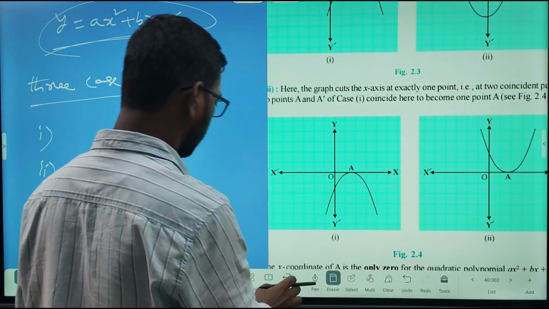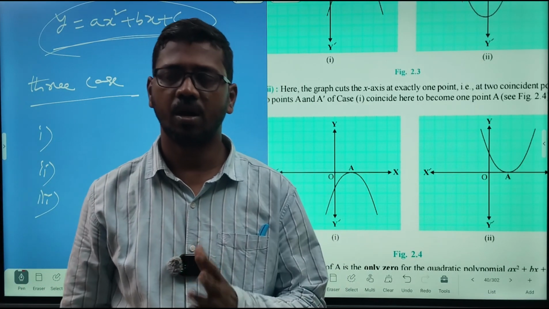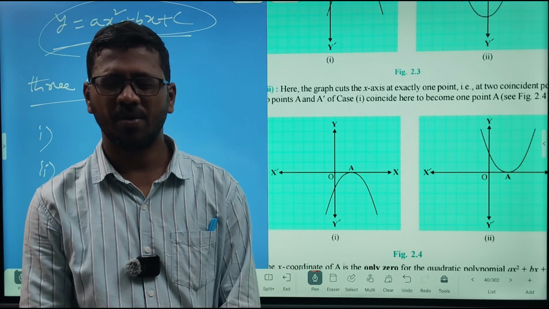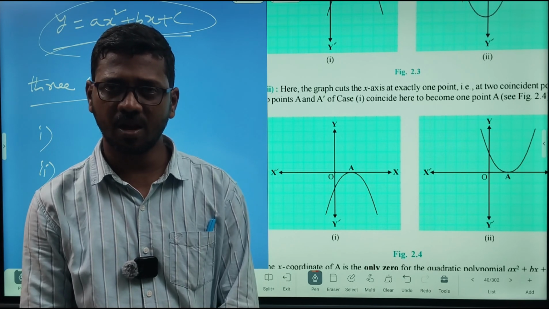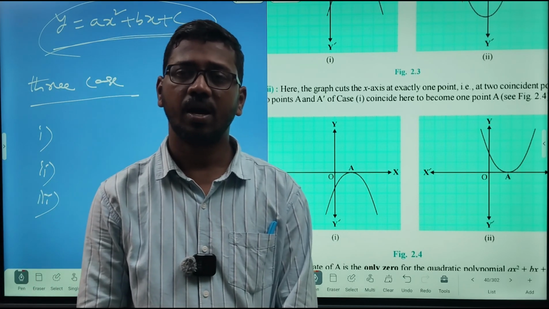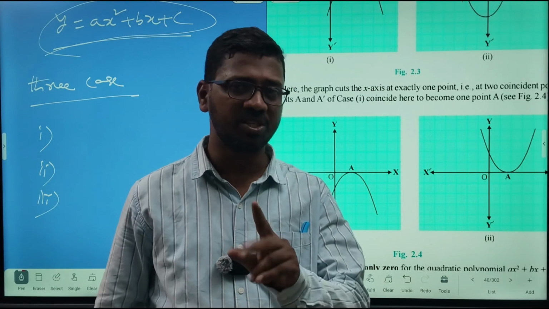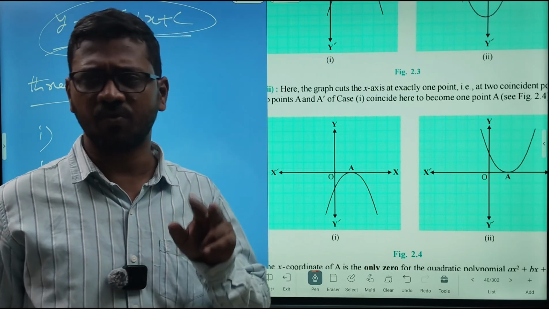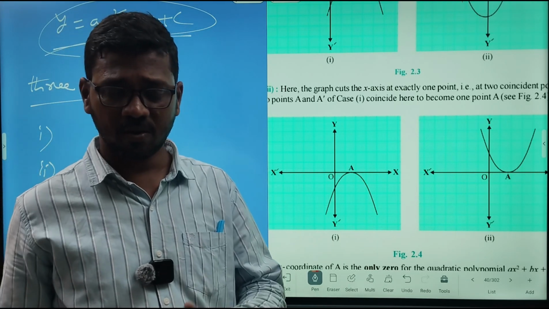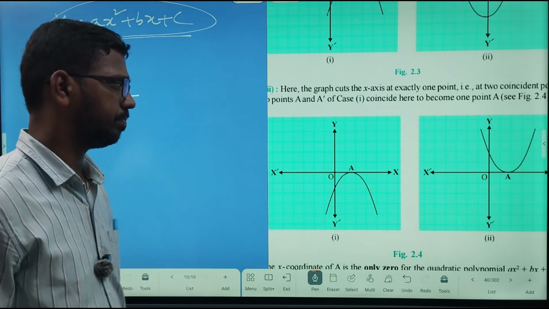Case 1 we discussed. What is case 1? The curve of the given polynomial y equal to ax square plus bx plus c, which is a quadratic polynomial, touches or cuts the x-axis at 2 different points, which means it will have 2 zeros. Actually, at most a quadratic polynomial will have 2 zeros only. It may have 1 zero, or sometimes no zeros.